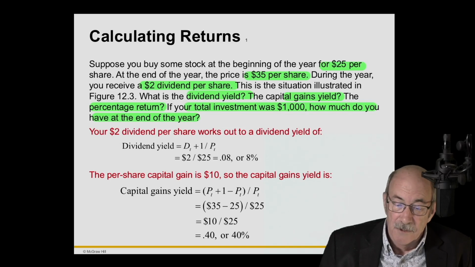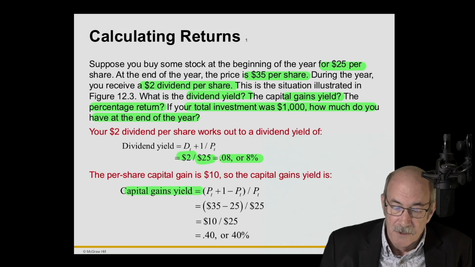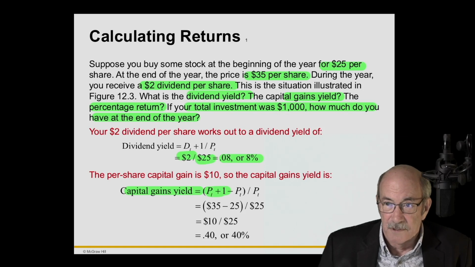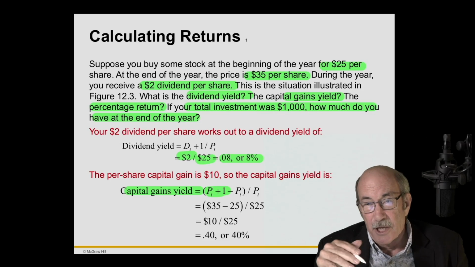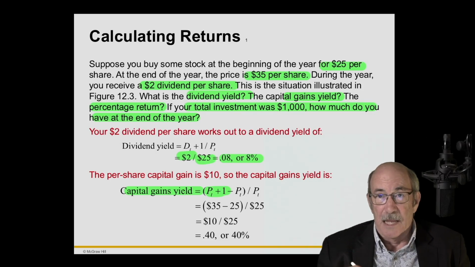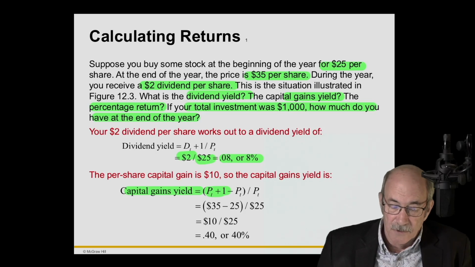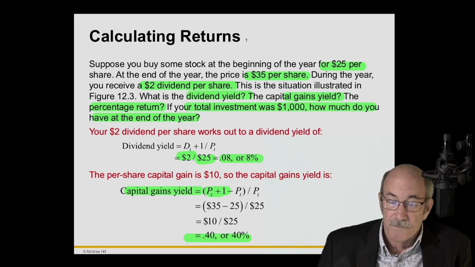So dividend yield, very simple, $2 on a $25 investment, that's 8%. Cap gains yield is, again, sorry for these subscripts, that's messed up as well. That should be P with subscript t plus 1. So that's simply the $10 gain divided by $25, or a 40% return right down here.